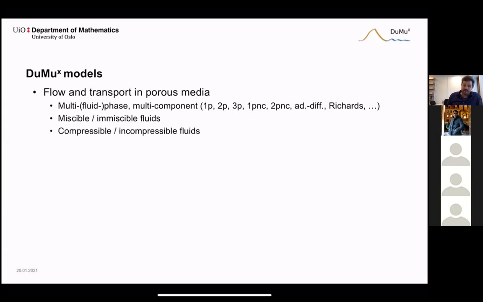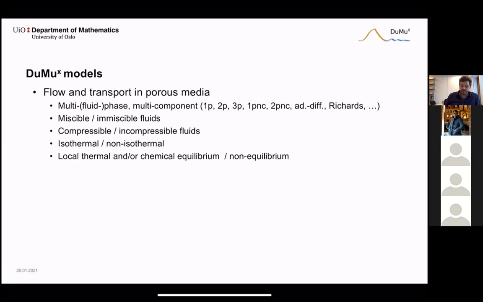And then there are different types of fluids in there with their thermodynamical properties implemented. And you can do different types of fluid configuration depending on how you want to simplify your system: miscible, immiscible, compressible, incompressible, using an energy balance or not solving an energy balance, having equilibrium between solid and fluid or not.